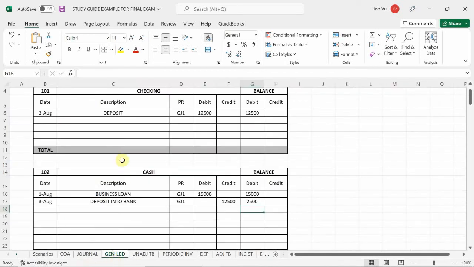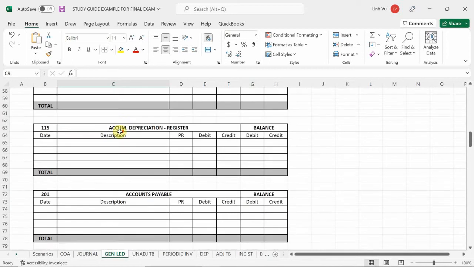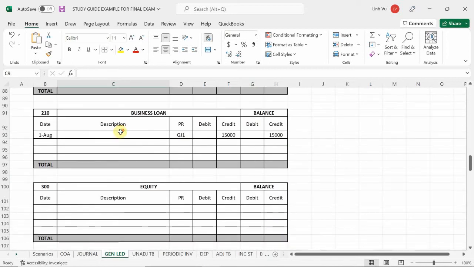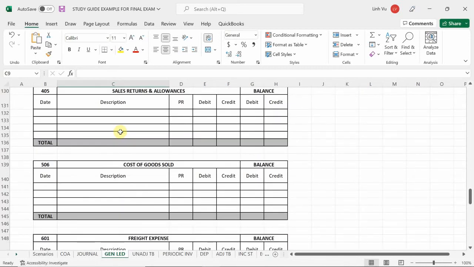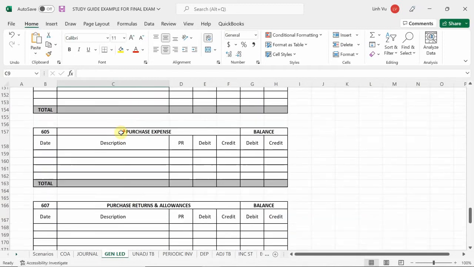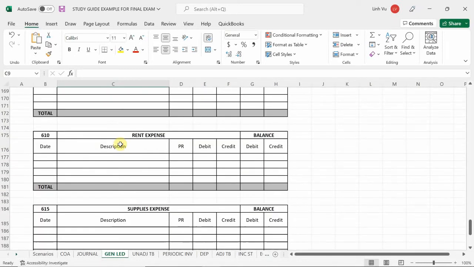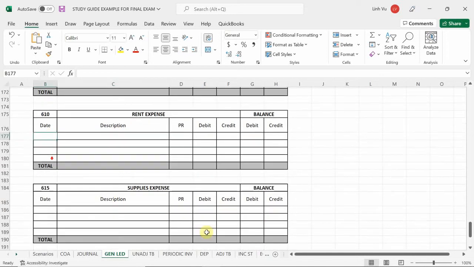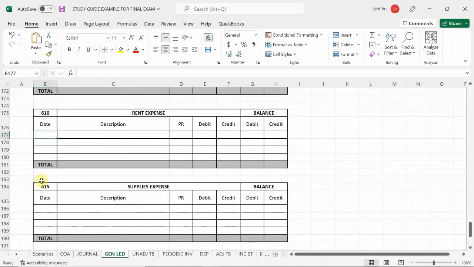So, ledger. Here's my rent expense for $1,500.